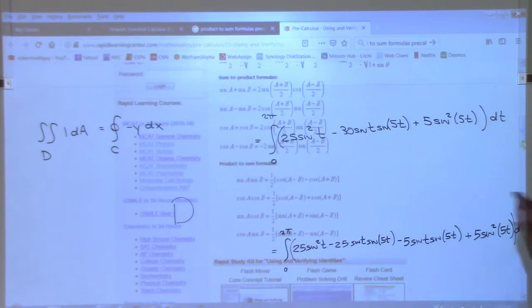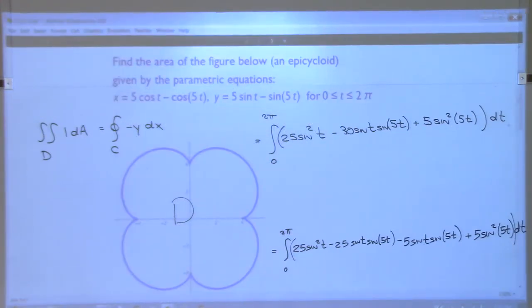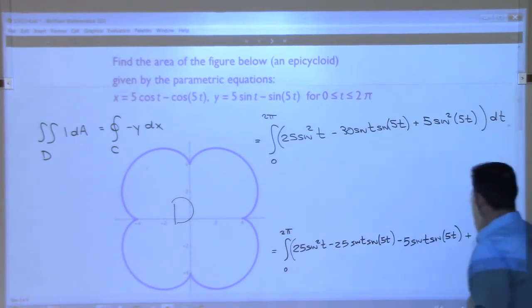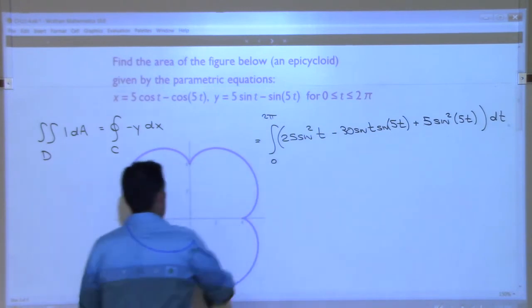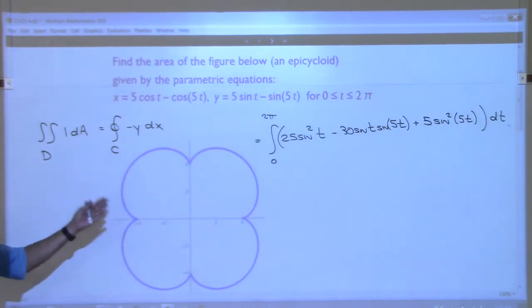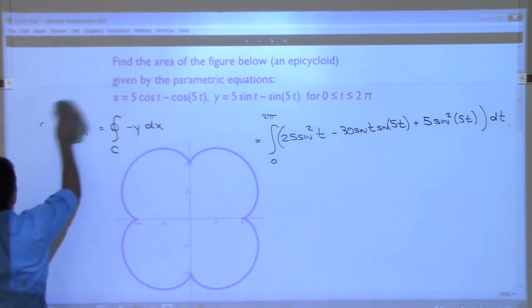I just want to show you that now it's doable. All right, so we proceed. It's pretty cool though. We get the area of that, right? Those are all doable integrals.